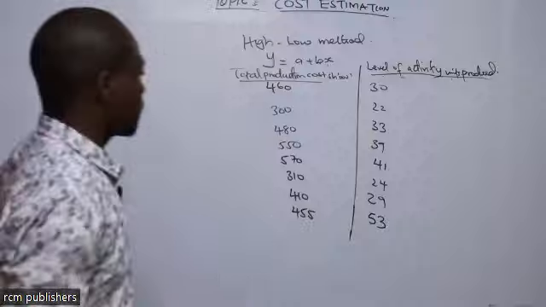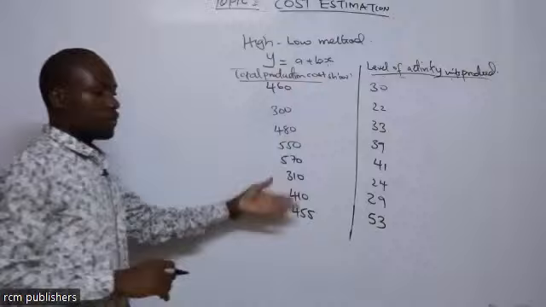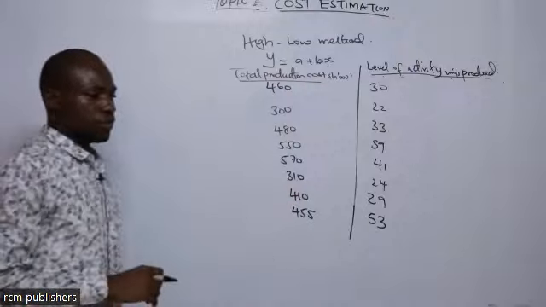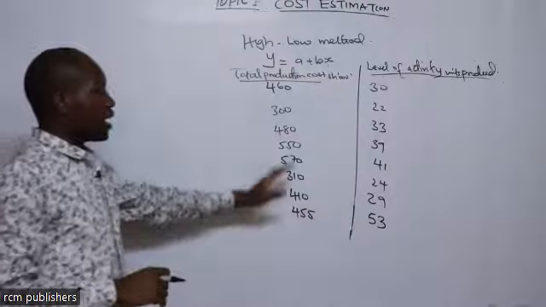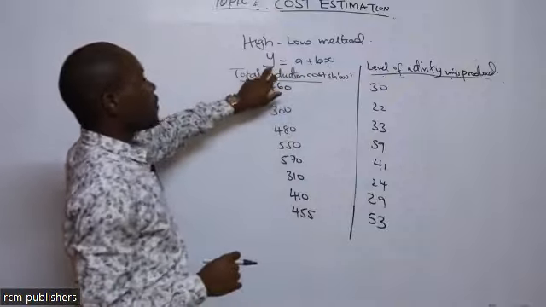Now, you are being told to use the ILO method to solve this particular question. You're being told to use the ILO method to help us come up with a cost function.